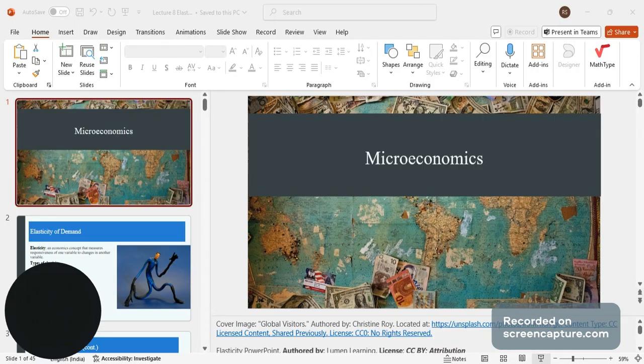So we have two types of concept in that, that is elastic demand and inelastic demand. Elastic demand means high responsiveness of quantity demanded or supplied to a change in the price. For example, if a store owner raises the price of a product, she can expect that the quantity demanded will drop. But she or he is not aware of how consumers will react to that, how sensitive consumers will be to the change, right?